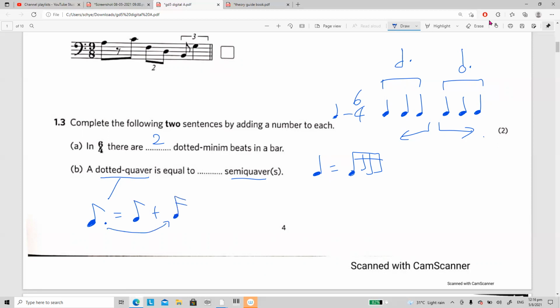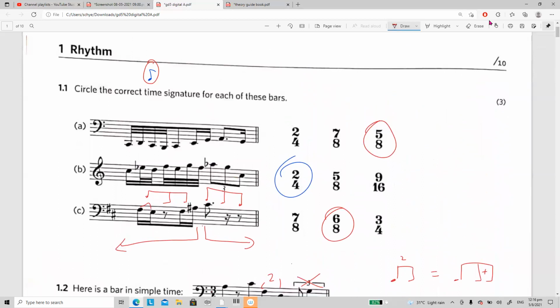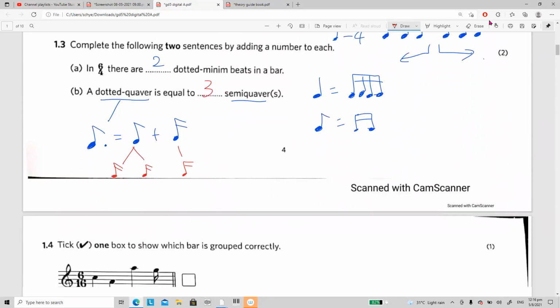The value of a dot is always smaller than the note, so it is half of the quaver. If 1 count has 4 semiquavers, then a half count will have 2. So the quaver has 2 semiquavers, and the dot is another 1 semiquaver. So the total is 3 semiquavers. Okay, so that's all for 1.3.